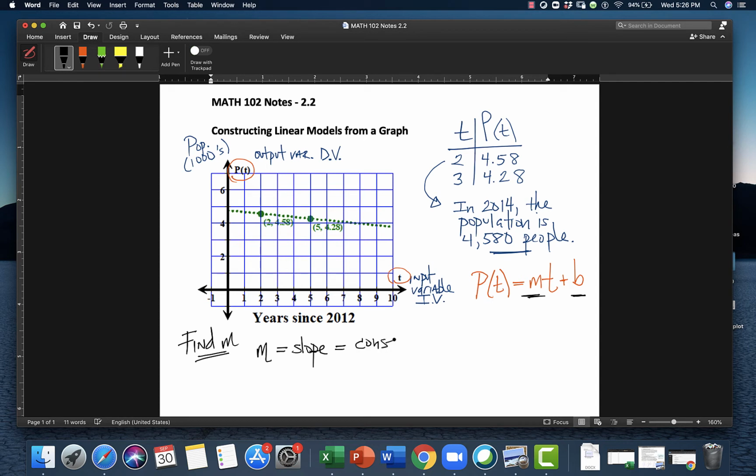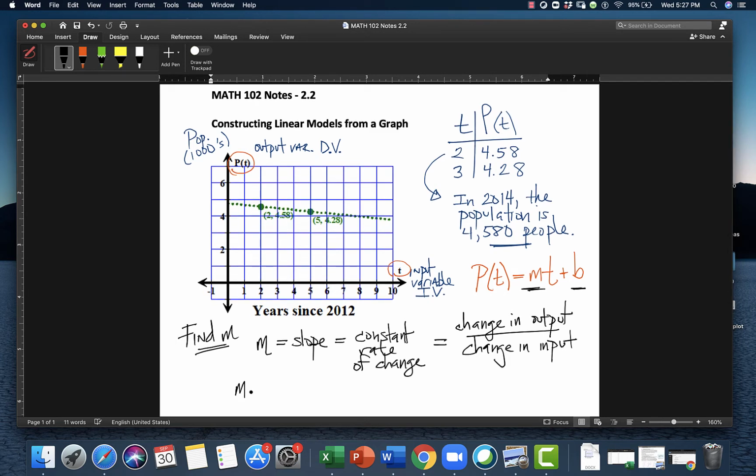The constant rate of change is the ratio of the change in the output divided by the change in the input. And we can get this ratio directly from the ordered pairs or from the table. So let's do it. So we'll say m is equal to the change in the output.